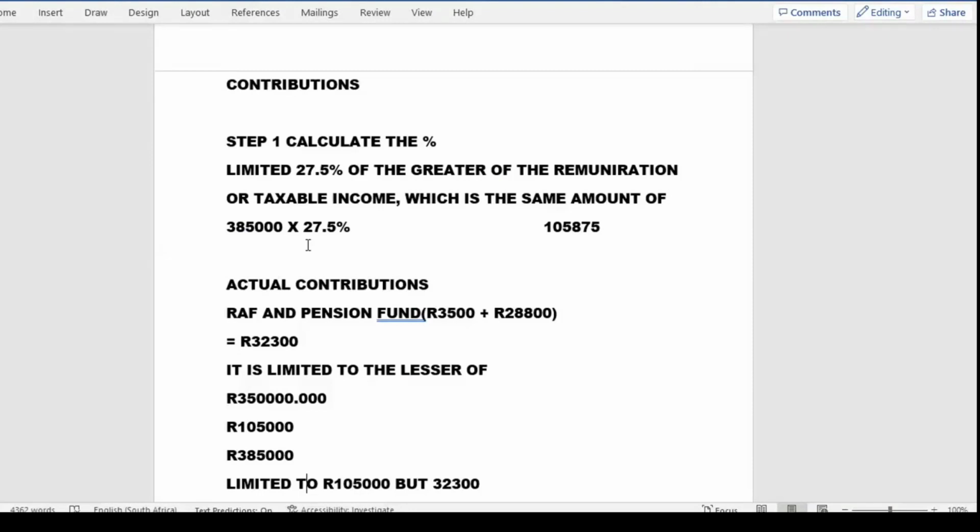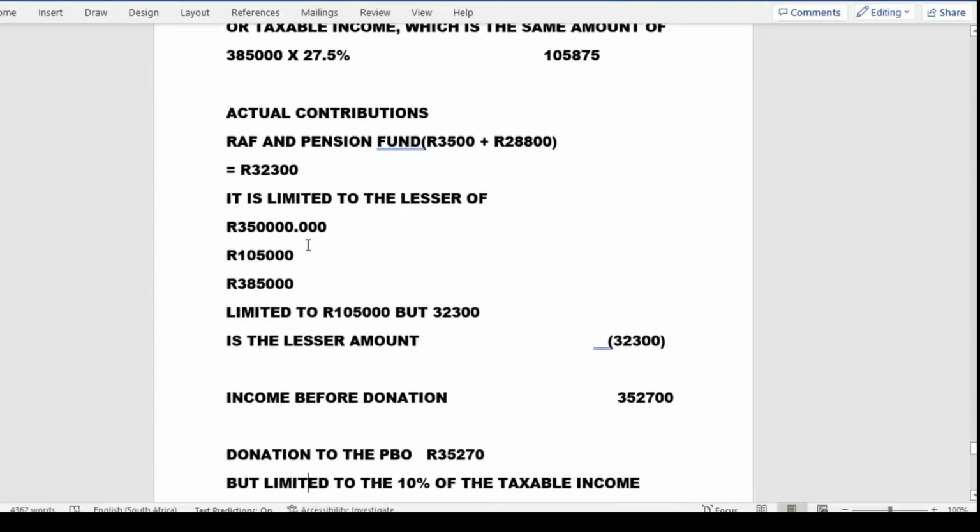105,875. And then step 2 says that we have to look at the actual contribution. So our contribution consisted of the retirement annuity fund and the pension fund, which was 3,500 and 28,800 rand, and that equaled 32,300 rand. And then we said it is limited to the lesser of 350,000 rand, 105,000 rand, that's step number 1, and then 385,000 rand, that's your taxable income.